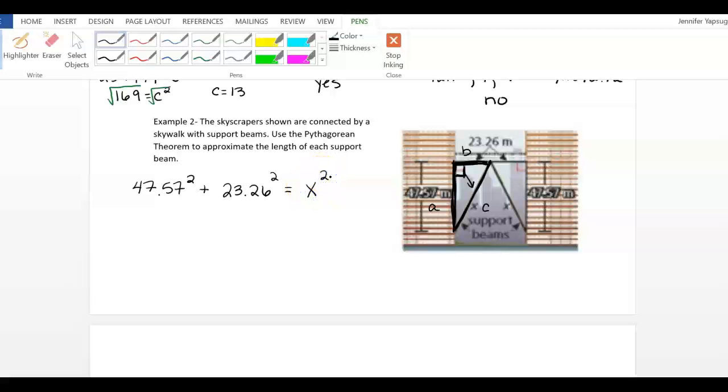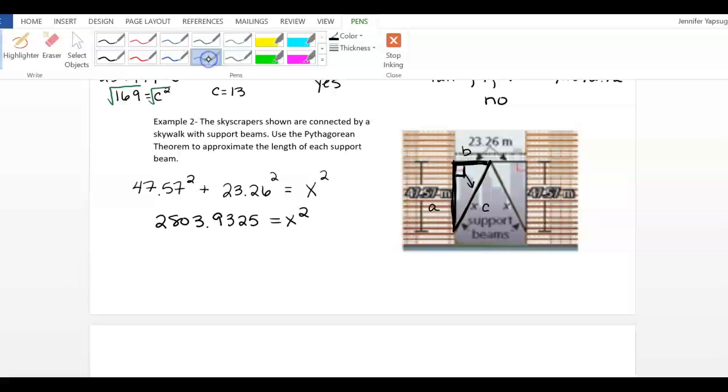All right, so using your calculator, go ahead and find the square of 47.57, and then find the square of 23.26, and when you add them together, you should be doing this all on your calculator, you would get an answer of 2,803.932. And that is equal to x squared.